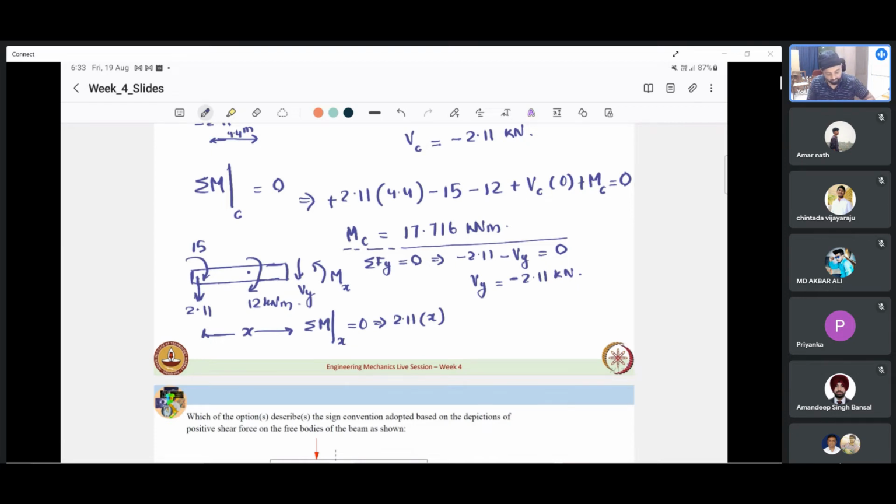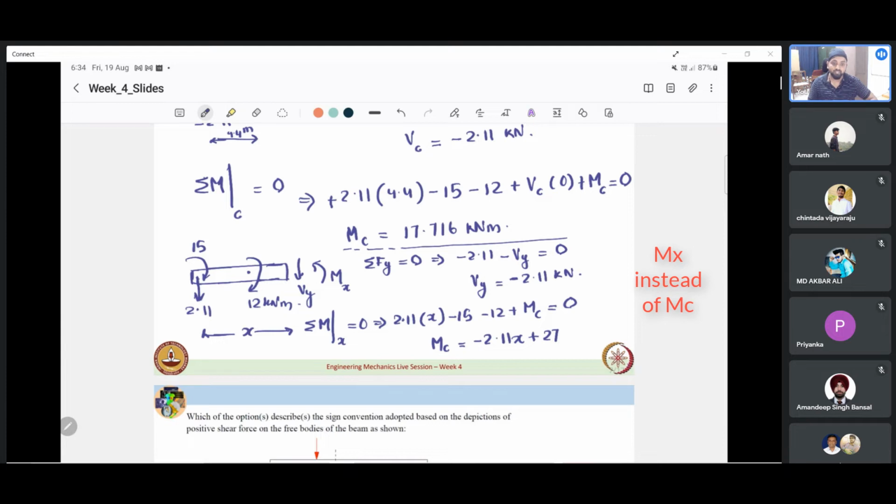I have taken it as positive, 2.11 into x, minus 15 minus 12 plus MC, and Vy's contribution being 0, I am not writing it, so that is to be understood. So MC comes out as minus 2.11 x plus 27.